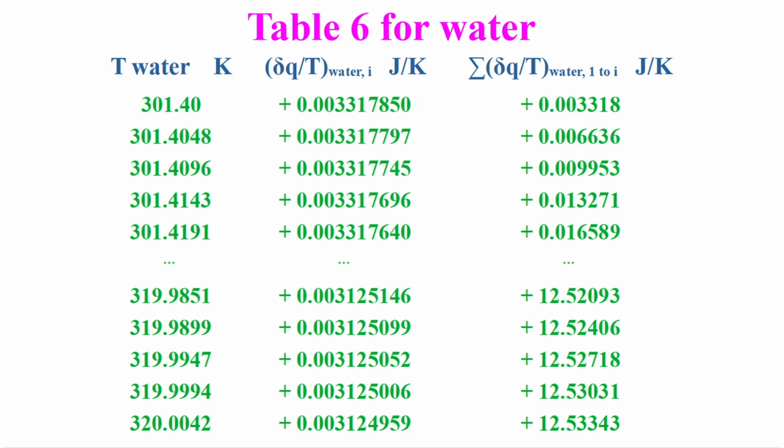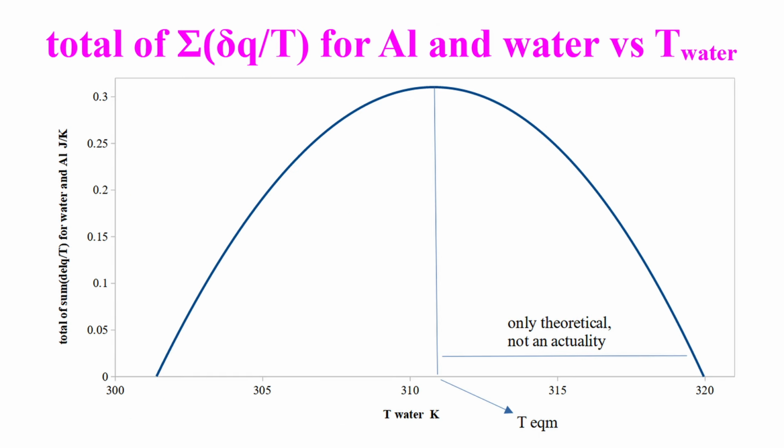Table 6 shows the results for water from its initial temperature of 301.40 Kelvin up to its final temperature of 320.0042 Kelvin. Next, we plot the total of the two sums, namely sigma delta Q over T for aluminum and sigma delta Q over T for water versus T water.